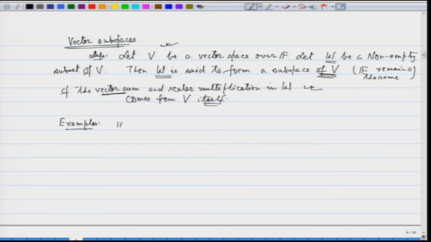So, examples. Fine. I have R2 with me. In this, I can talk of W as the collection of all alpha times (1, 2), alpha belonging to R. I can also talk of W as alpha times (1, 0), alpha belonging to R. So, let us see what they are.